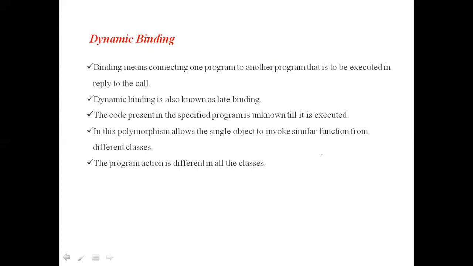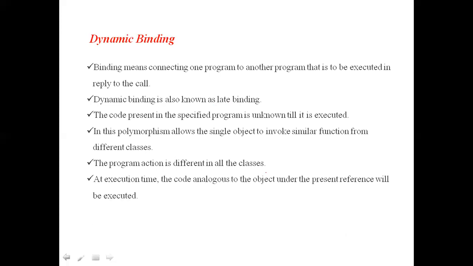The program action is different in all classes. Even though the function name is the same in all the different classes, their action is different. That means the aim of that function is different from class to class, but the names are the same. At the time of execution, based on the object which is calling that code, the corresponding function will be executed.